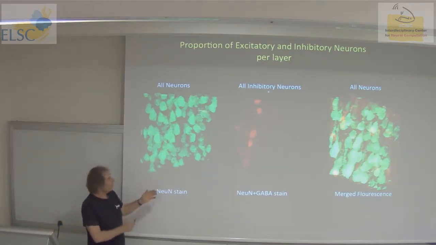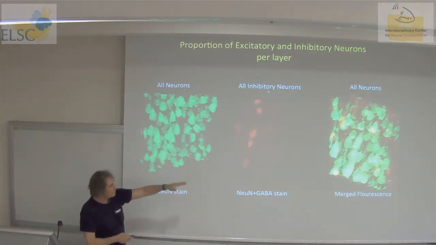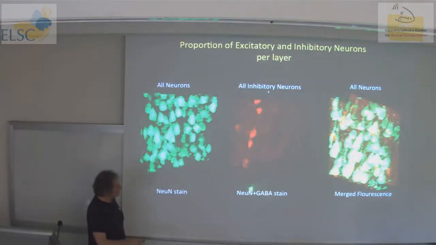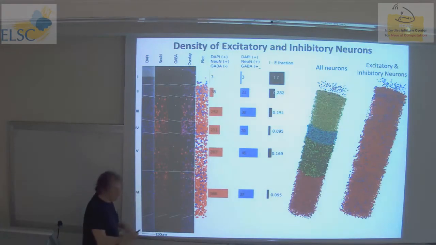Of course, there are a lot of new techniques to stain the different chemicals, so you can see the different cell types, in this case inhibitory versus excitatory. You can stain for GABA, you can stain for all cells, then subtract one from the other, and see all the inhibitory neurons separately as a whole group. And then you can do things like this, which is part of the paper I'm telling you about. It gives you the percentage of inhibition per layer, for example.